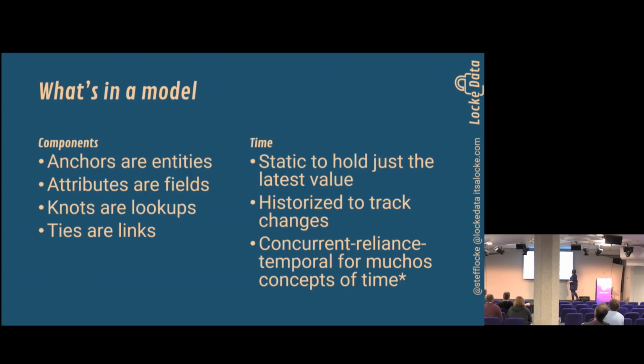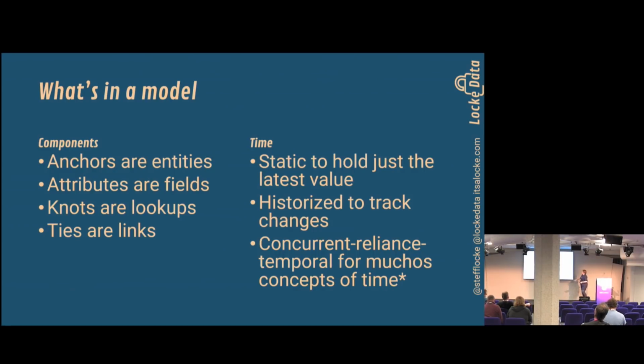And then concurrent reliance temporal, which is definitely a mouthful, that is where you have the reliability indicators. So you not only have the concept of when things happened, when they were recorded, but also when they were evaluated for reliability.